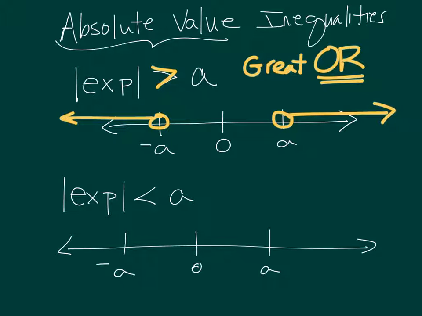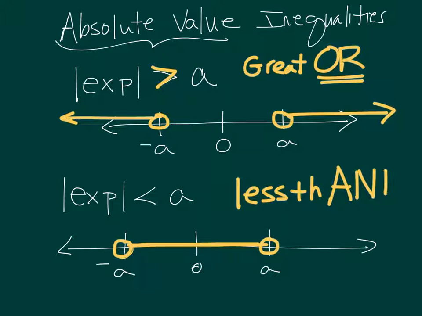So that means we have to be in here, between a and negative a. And we want those to be both true at the same time. So this I consider a less-than statement, because less than means we want and. We want them at the same time.